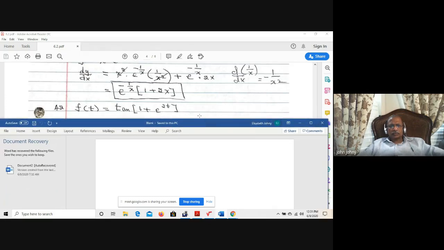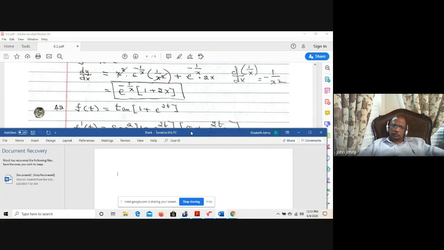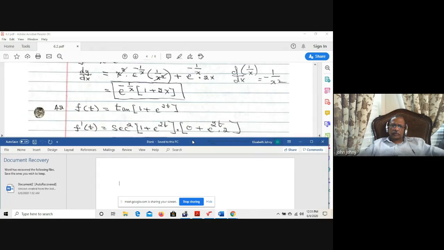f of t is equal to tangent of 1 plus e to the 2t. You are going to use the chain rule. The derivative of tan x is secant squared x, so this is secant squared of whatever is in the parentheses, that is secant squared of 1 plus e to the 2t.